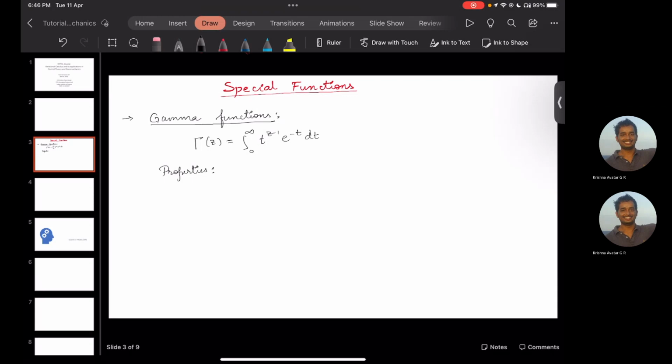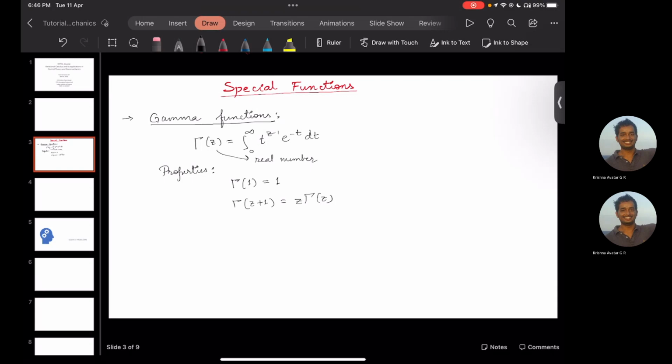Some of the properties of gamma functions are that gamma 1 is equal to 1, and gamma of z plus 1, where z is a real number, is equal to z times gamma of z. We'll be using this during our course.